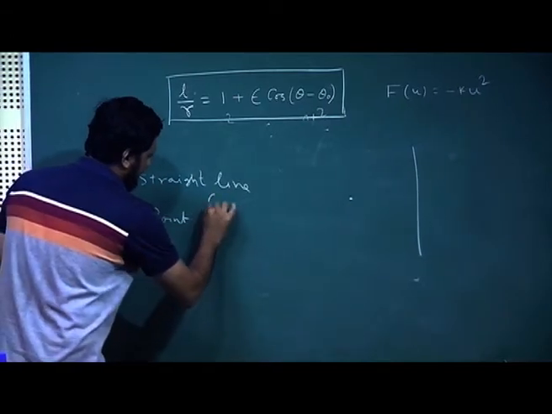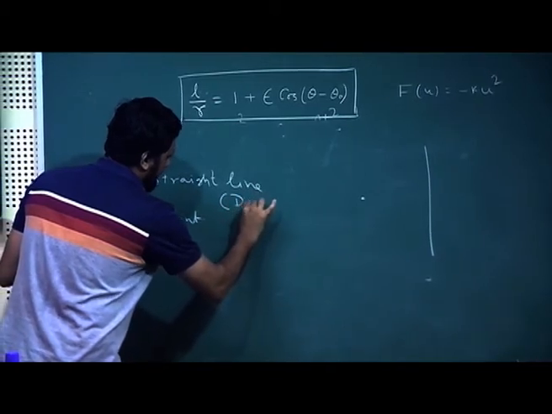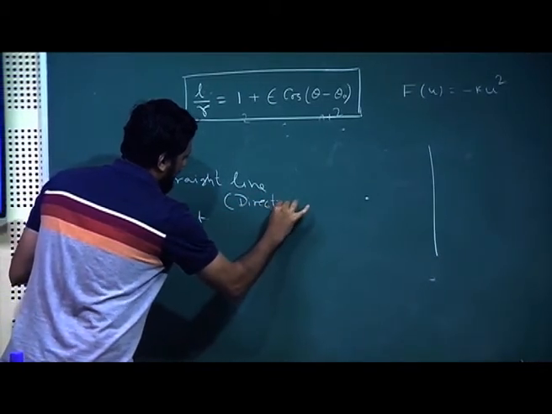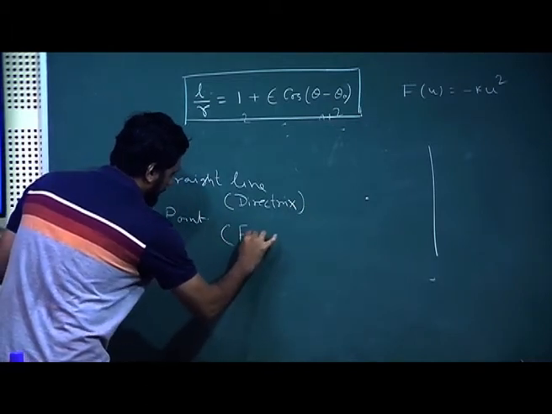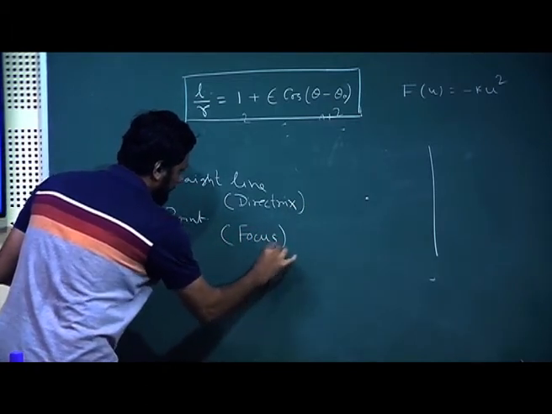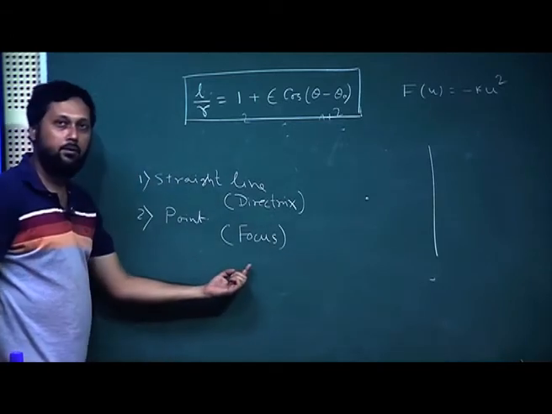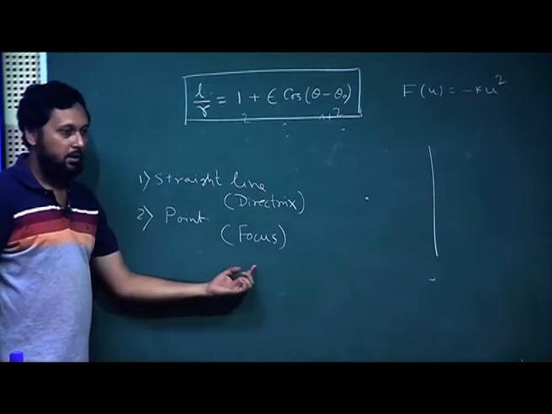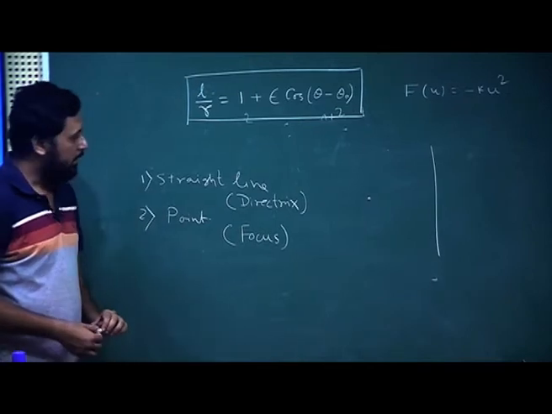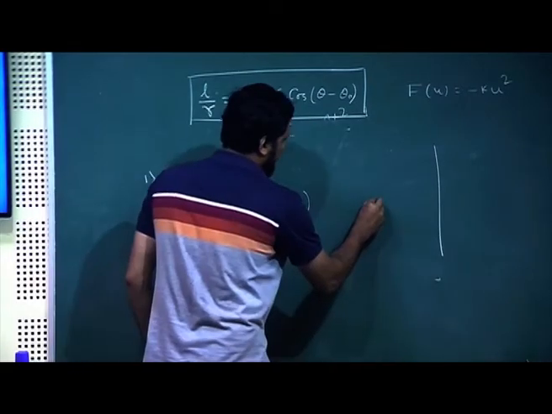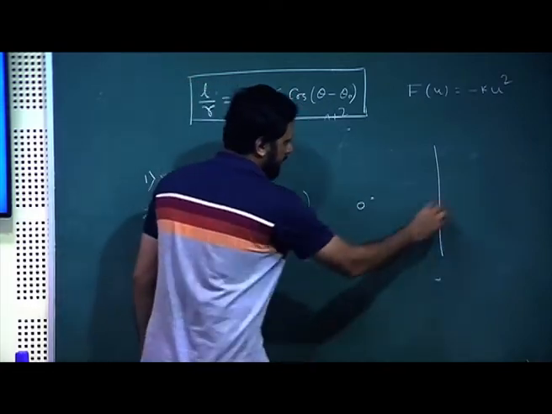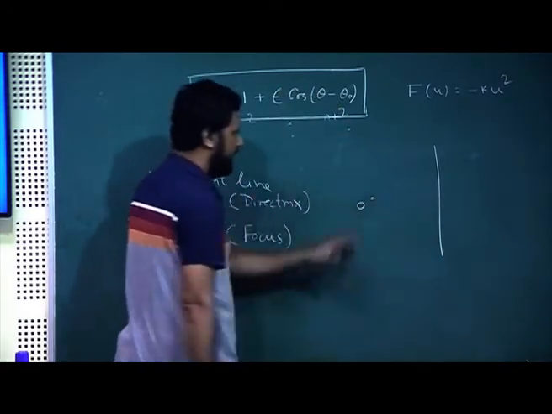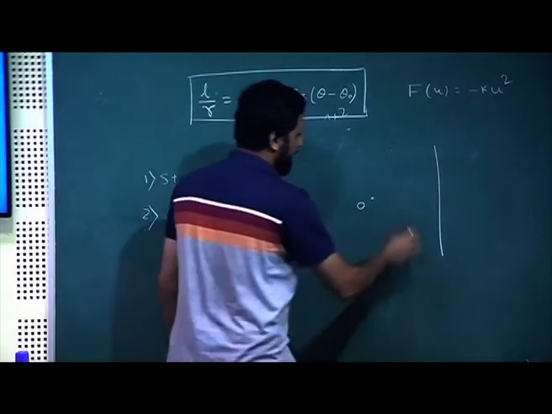The straight line is called a directrix and the fixed point is called the focus. I hope these terms are familiar to you from your coordinate geometry. Now, this is the focus, we call this O, and this is the directrix. We do not have a name for it because it is a straight line.